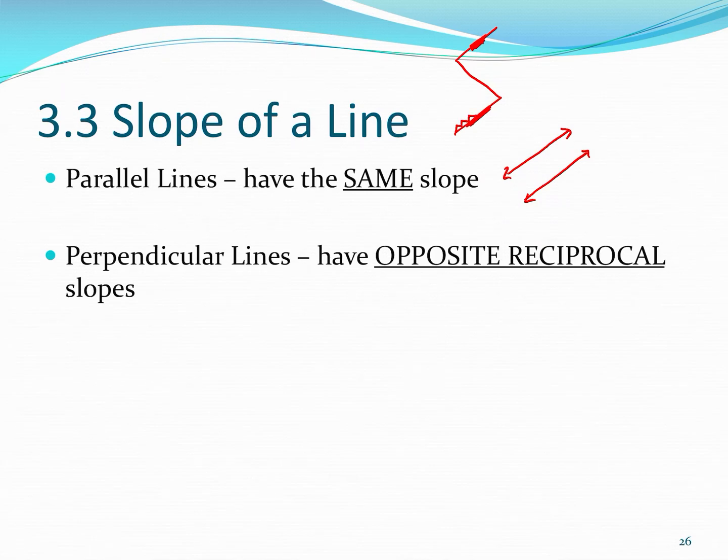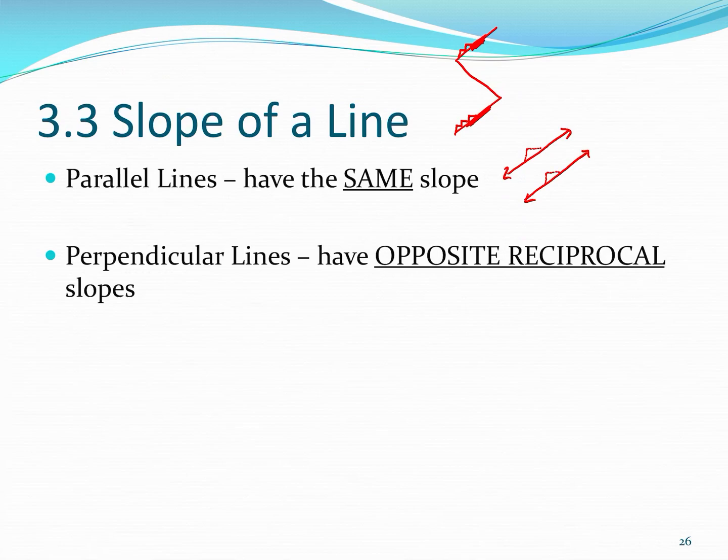Because what happens is the size of the step, the amount the step goes up and over, in both sets are the same. If they weren't the same, then eventually those two sets of stairs would run into each other. And so you could very quickly see that those two staircases are parallel if you look at it from a side view.